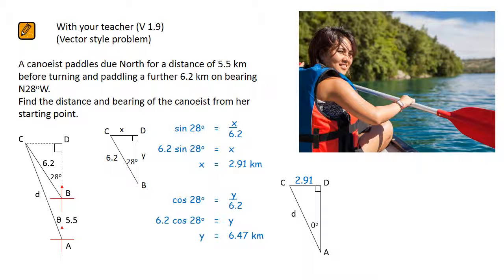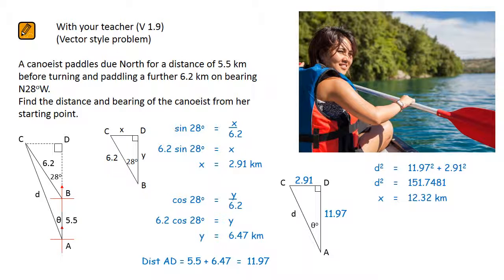If that's added on to the initial 5.5, we'll have the total distance from A to D equals 11.97. Now we can just use Pythagoras' theorem to work out D. D is the hypotenuse, so D squared equals 11.97 squared plus 2.91 squared. D is equal to 12.32.